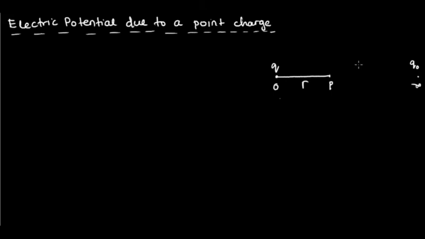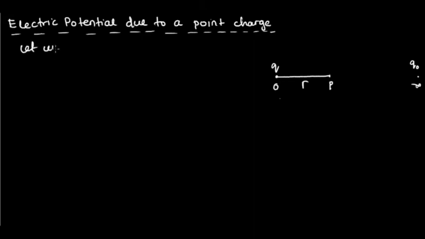It means we have to apply some external force in order to move the test charge Q naught to the point P. And remember that we have to move the test charge Q naught without any acceleration.